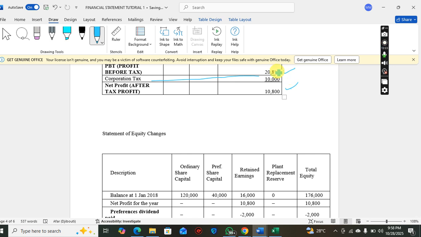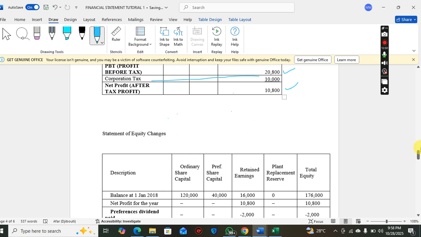So after you're done with your statement of profit and loss and you've got your profit after tax, next you make your statement of changes in equity. Basically, you're just trying to make any adjustments that have been happening in the accounts under the equity section.